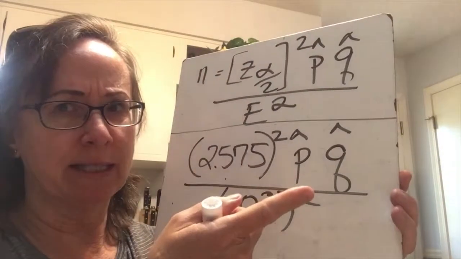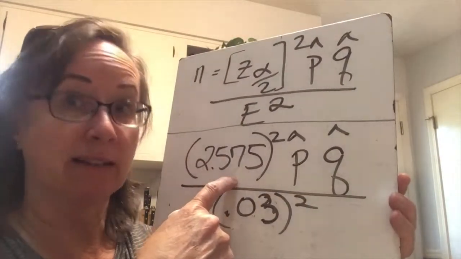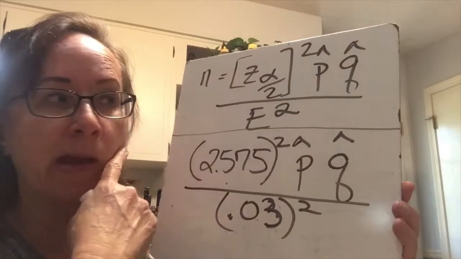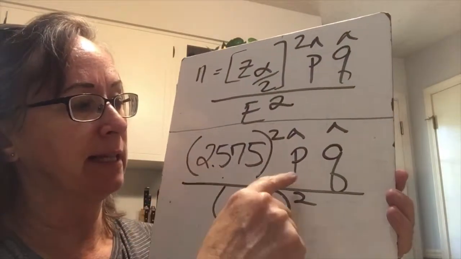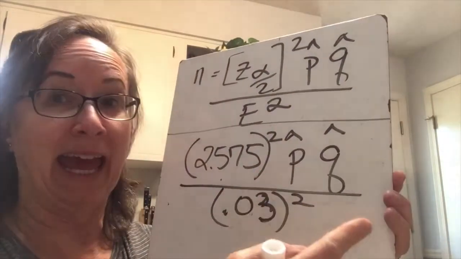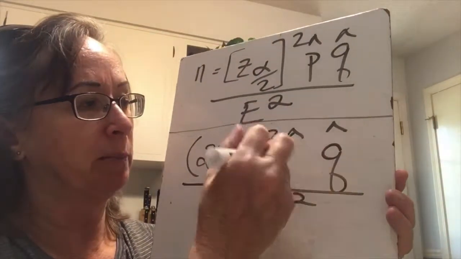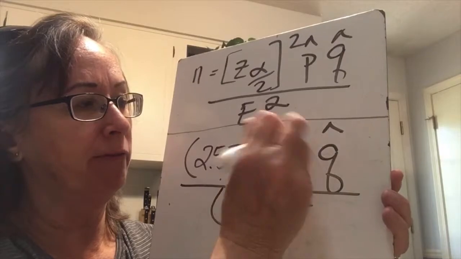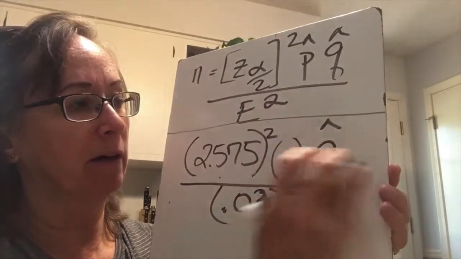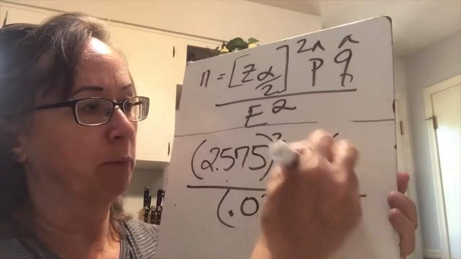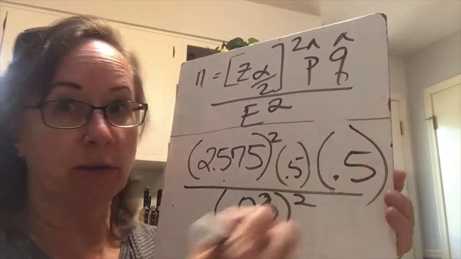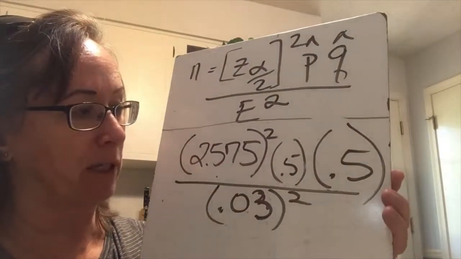Now, in a minute, I'll do the same thing with technology to get that value. But once I've done this, I'm going to put here for the A where it says the p hat and the q hat are unknown, I'm going to put 0.5. And then over here, I'm going to put 0.5 because that's what we use when we don't know the p hat and the q hat.